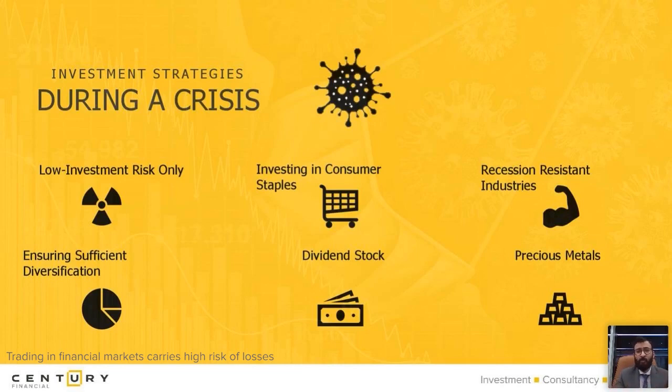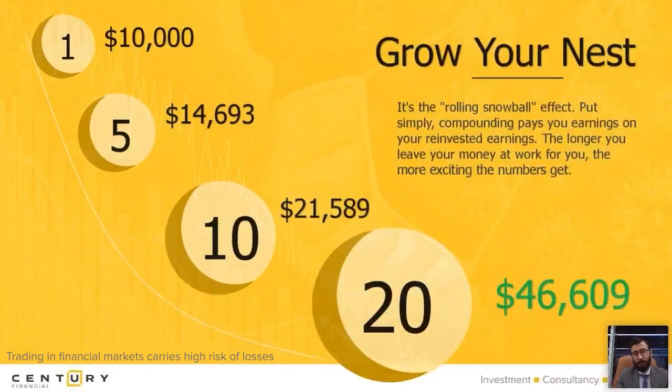Now, moving on, the effective ways of investing. The first thing you need to understand is you have to grow the nest. What you see is, my friends, the snowball effect over 1 year, 5 years, 10 years, 20 years. The magic of compound interest always continues to amaze us.